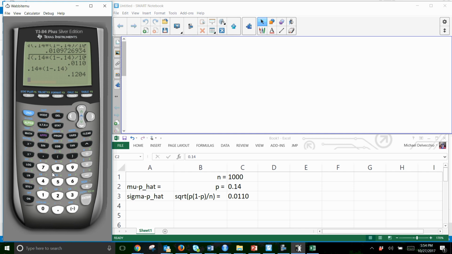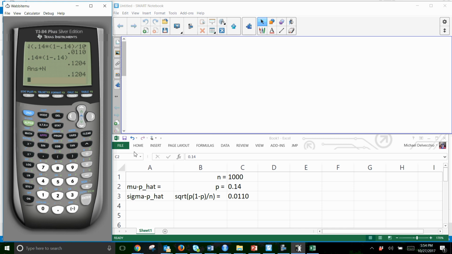That's actually your p times q, or p times 1 minus p. Then I could store that as a letter, for example, alpha, where's P? Well, I'll just use N for numerator. How's that? Okay, so now my numerator is set.